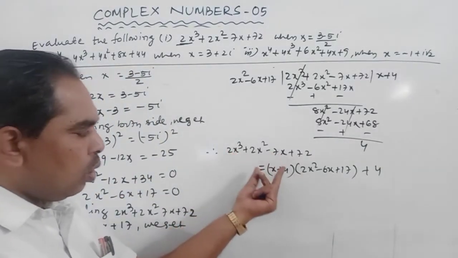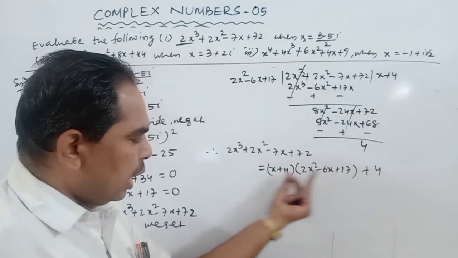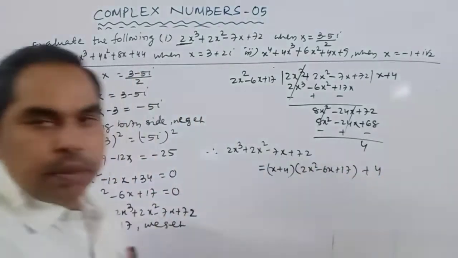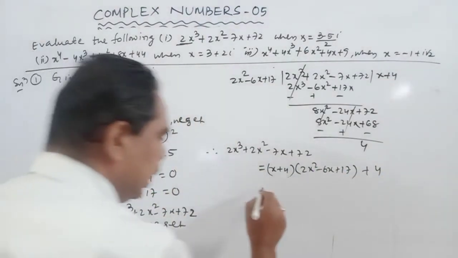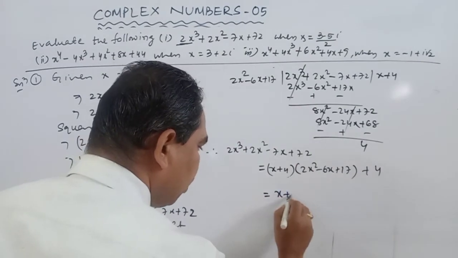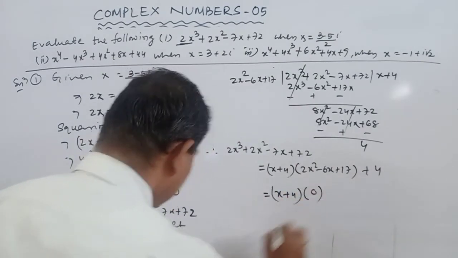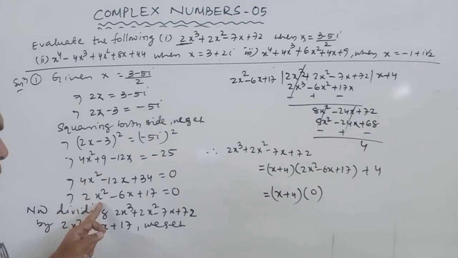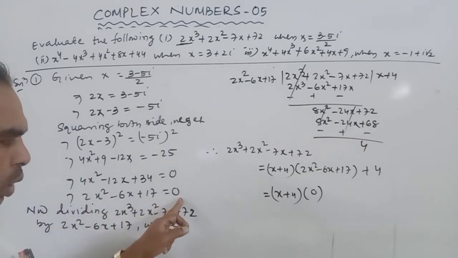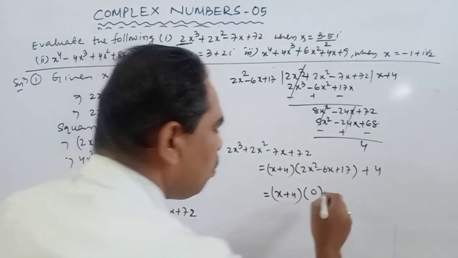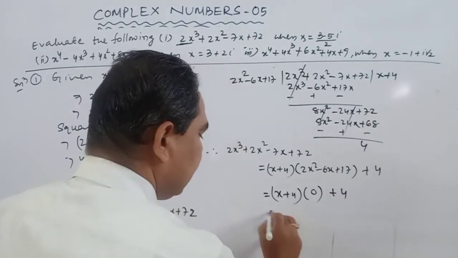Dividend is equal to divisor into quotient plus remainder. So it is equal to the divisor times (x plus 4), which is 0 because 2x square minus 6x plus 17 is equal to 0. So put here 0 plus 4 is equal to 4.